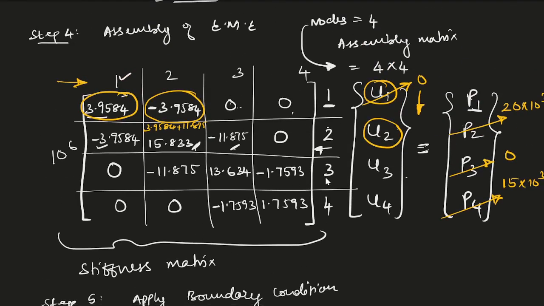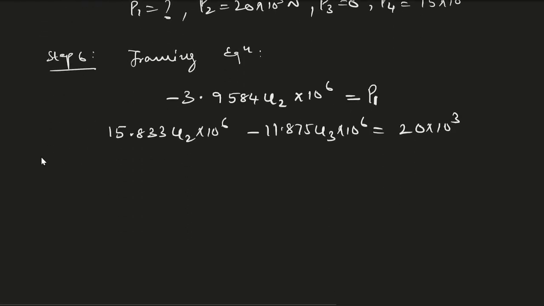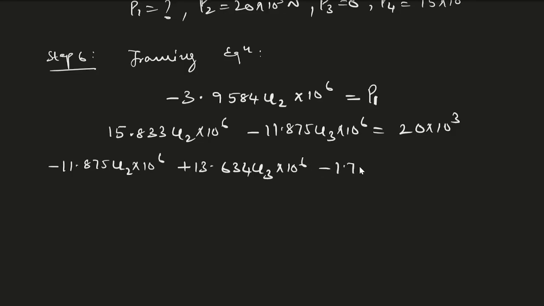Now the third row: the first one is 0, and we have the other three as well, multiplied by u2, u3 and u4. So in the third one, we have the equation minus 11.875 u2 into 10 power 6 plus 13.634 u3 into 10 power 6 and minus 1.7593 u4 into 10 power 6.